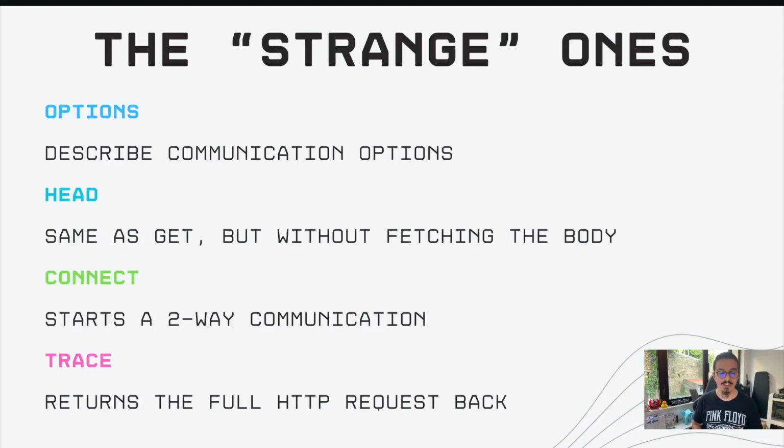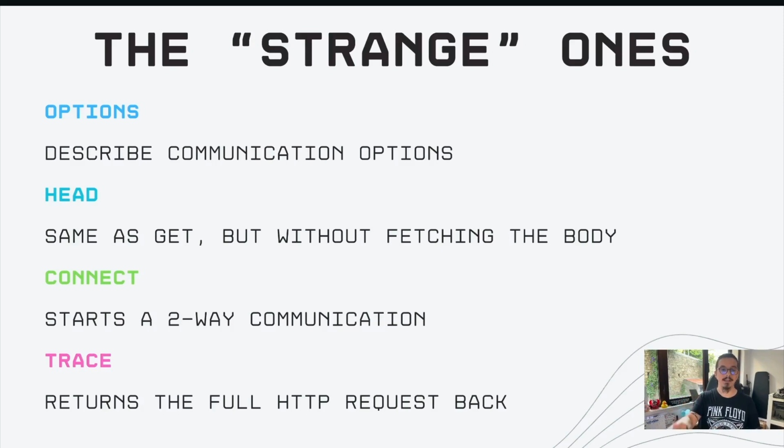And then we have the TRACE one. The name can be familiar to us developers, because we have the stack trace, back trace of errors or something like that, and it's kind of like that. When you call a resource with TRACE, it returns the full HTTP request back to you. So what it does is it creates like a loop message.